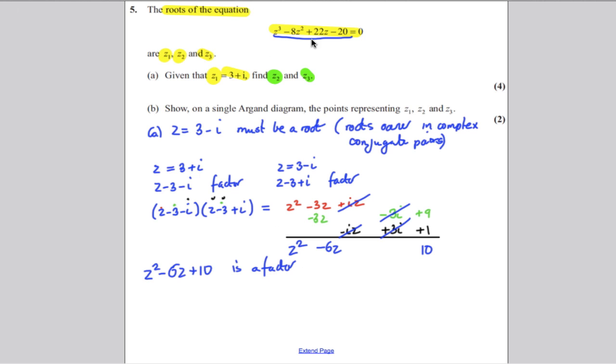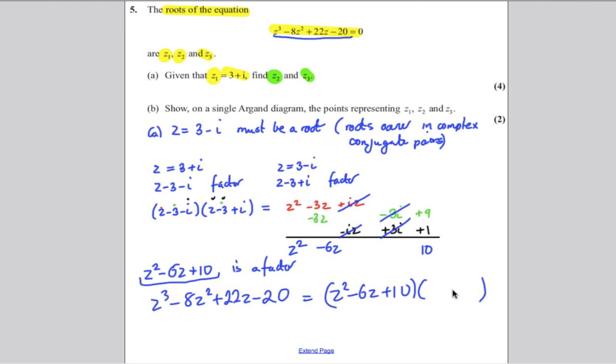I can use this to help me get the third factor, because I'm going to write this down: z cubed subtract 8z squared plus 22z subtract 20. It must be equal to this factor multiplied by the other factor, so it must be z squared minus 6z plus 10 multiplied by another factor. Now we can work that factor out. What needs to go here to multiply by z squared to get you z cubed?